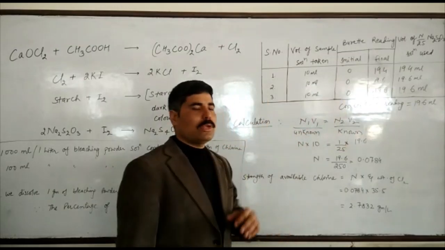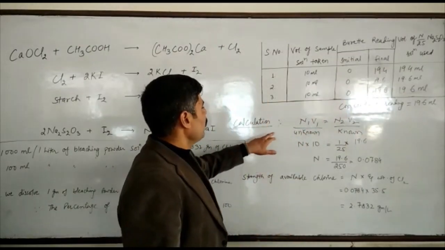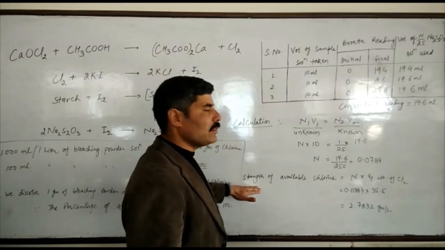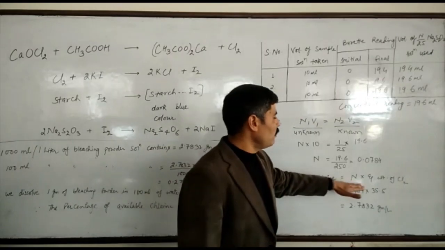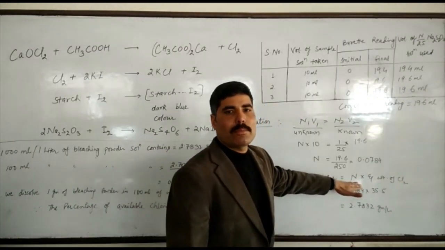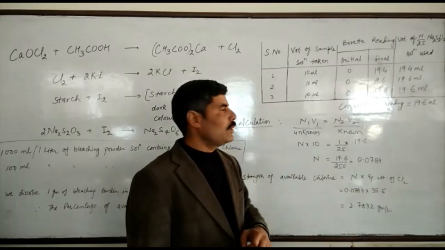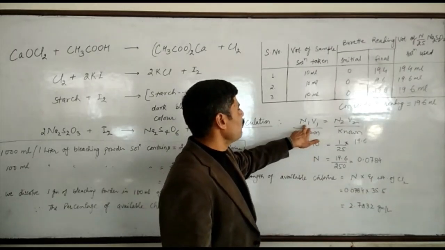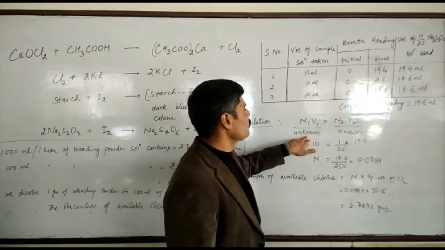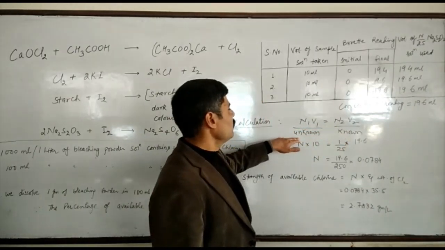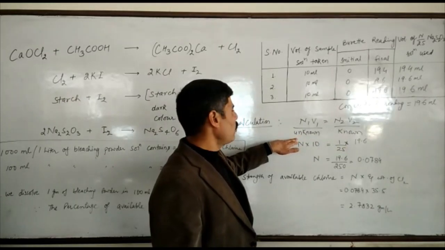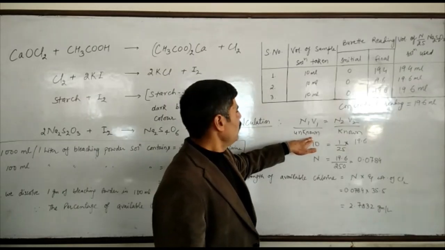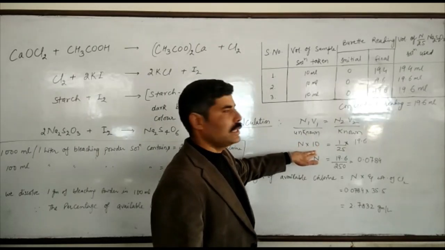Now we move to the calculation part of the experiment. We have to determine the strength, and the formula is normality multiplied by equivalent weight. First of all, we have to determine the normality by the normality equation, N1V1 = N2V2. Here N1 is the normality of the unknown sample solution, which we don't know, and the volume we take in the conical flask is 10 ml.